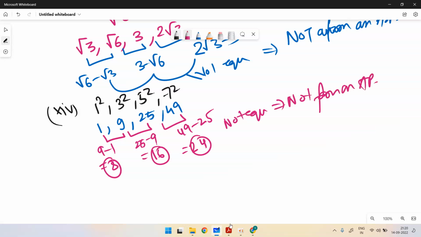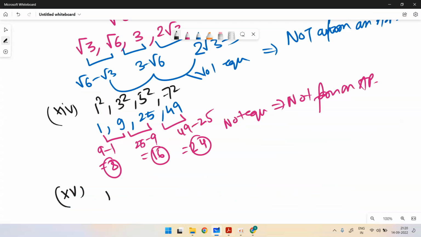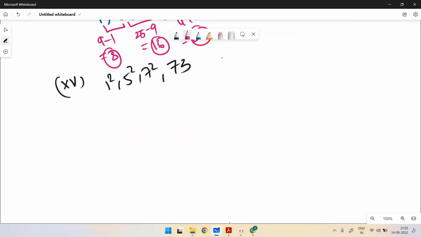Now what is the 15th part? The 15th part is 1 square, 5 square, 7 square, and 73. If you write it in simplified form, 1 square is 1, 5 square is 25, 7 square is 49, and this is 73.